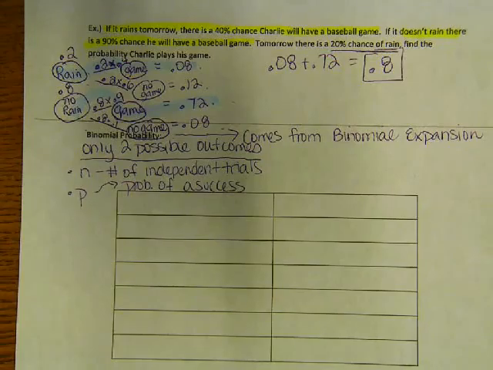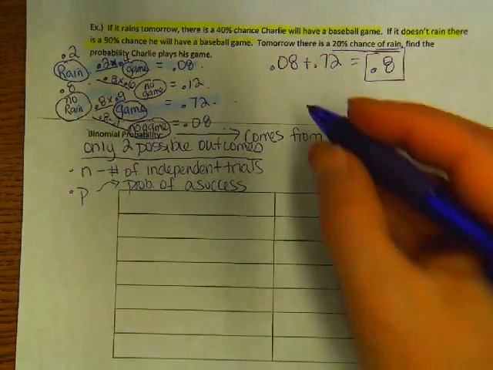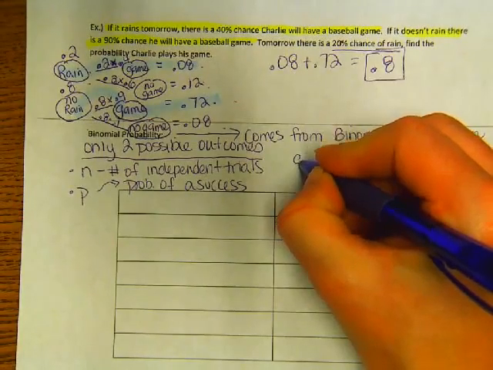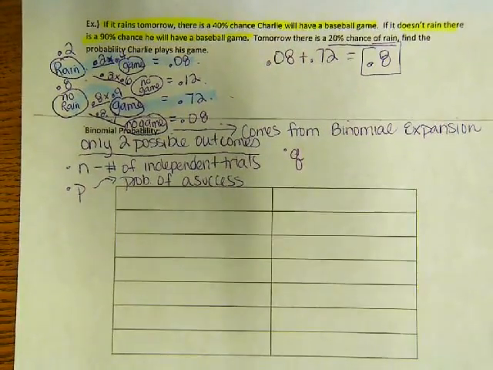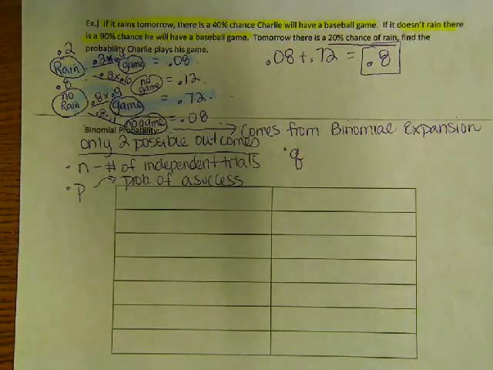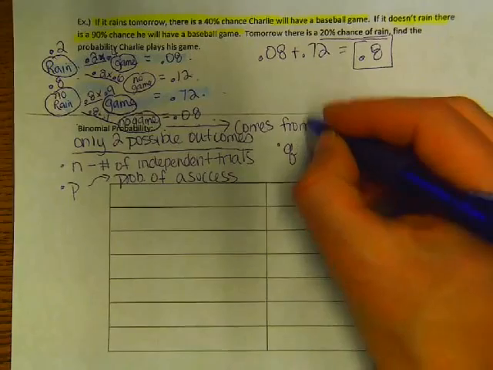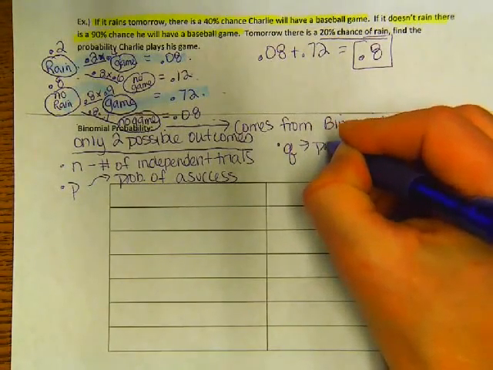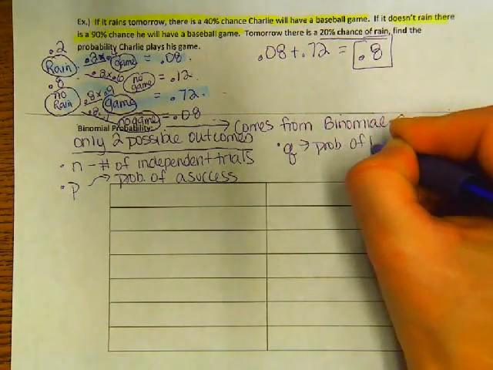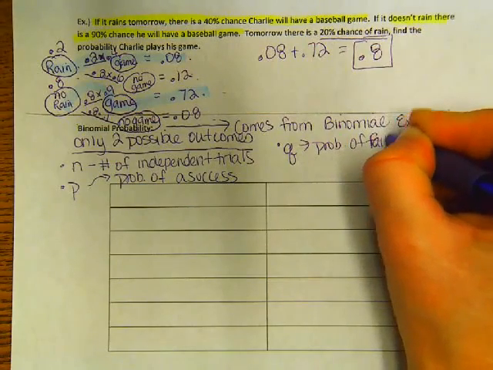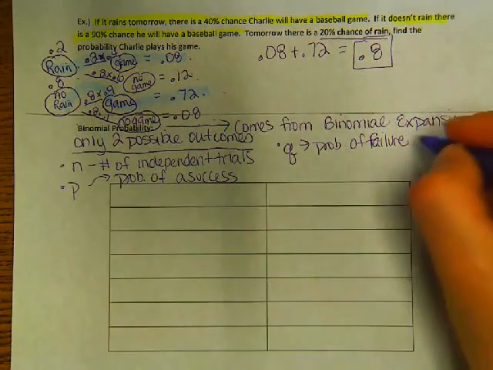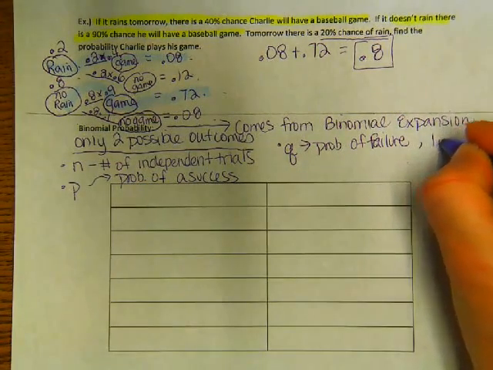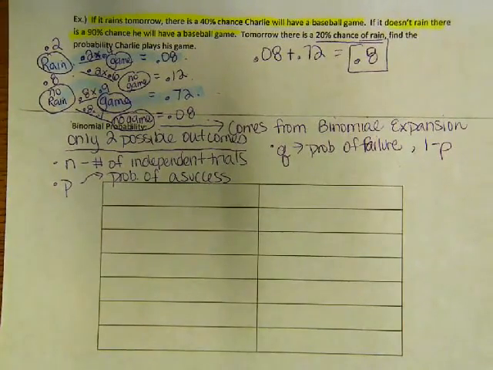Well, if there's only two options, we're going to use the letter q to represent the probability of no success, or not a success, or the probability of failure. And to figure out q, it's always going to be 1 minus p, because if there's only 2 possibilities and they have to add up to 1, I can find it in that way.